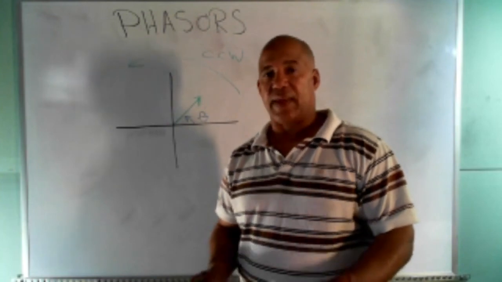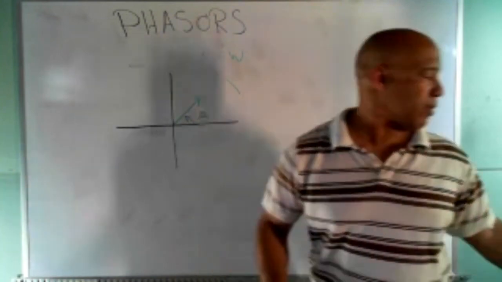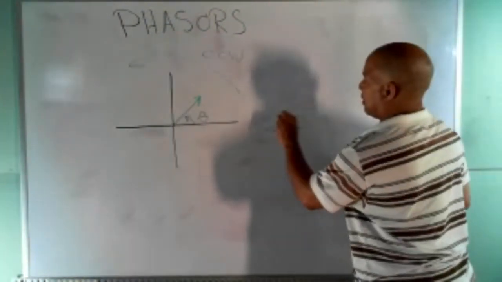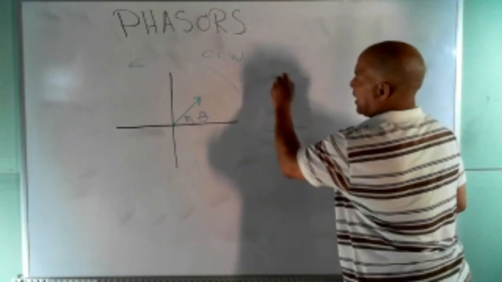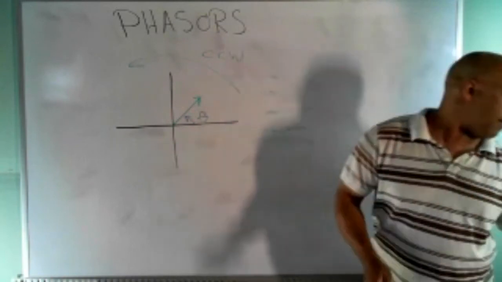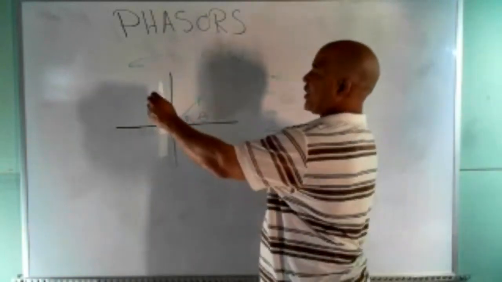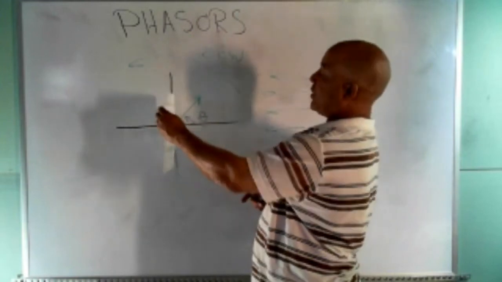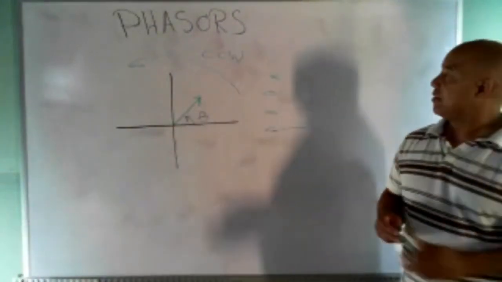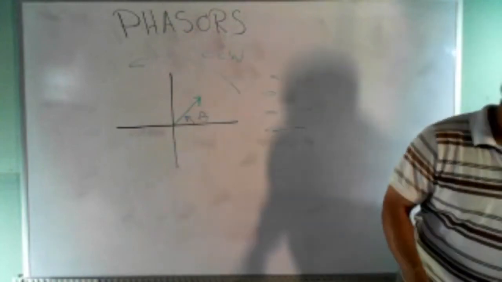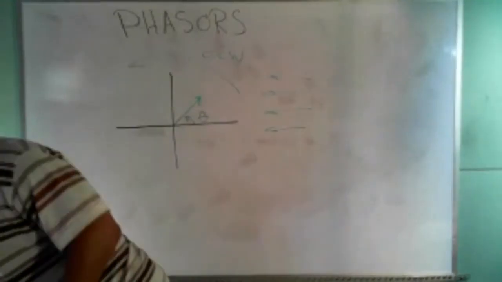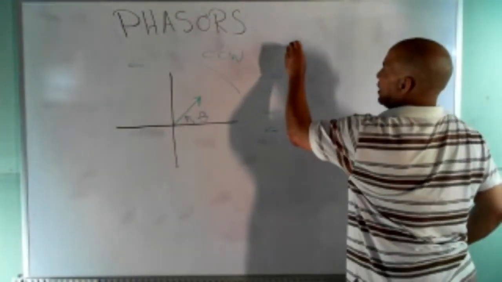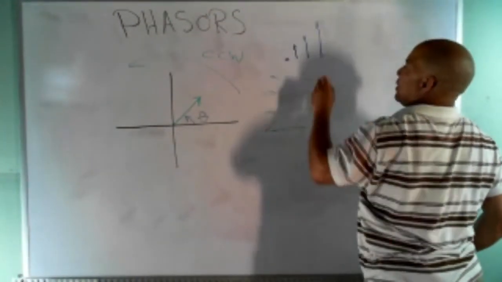If you remember, I won't go through the whole thing, but what I said was we put a light source right here, maybe a flashlight, and I look at the projection of the shadow of the phasor as it moves around 360 degrees. What it traces out, I'll just do it real quick. When it's at 0 degrees, we had a dot, and then we had something that looked like this. That's in quadrant 1.